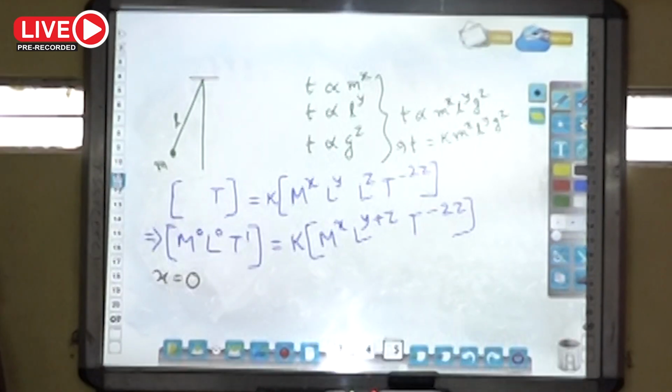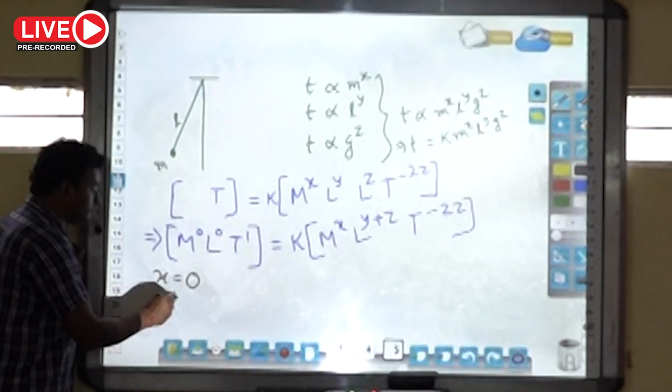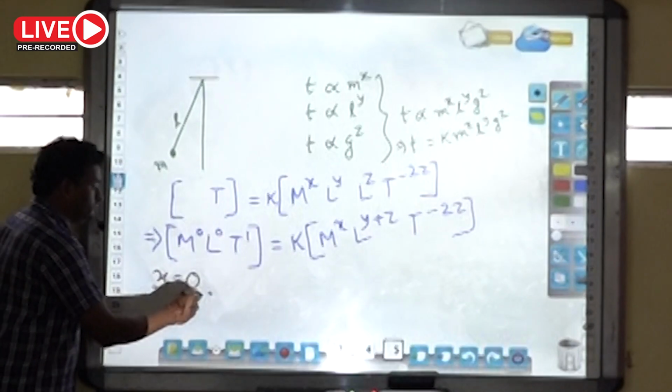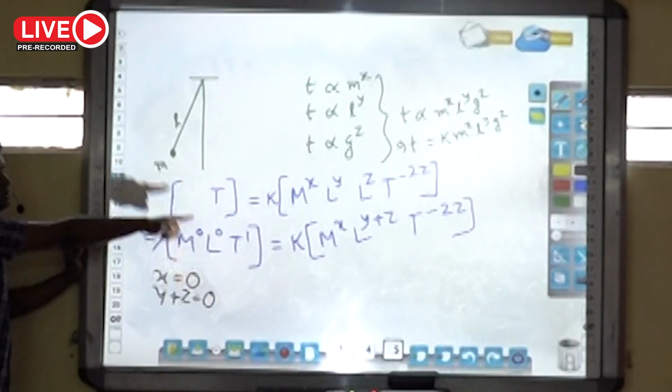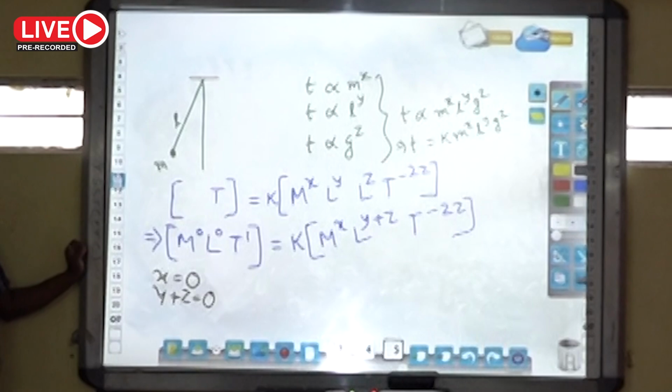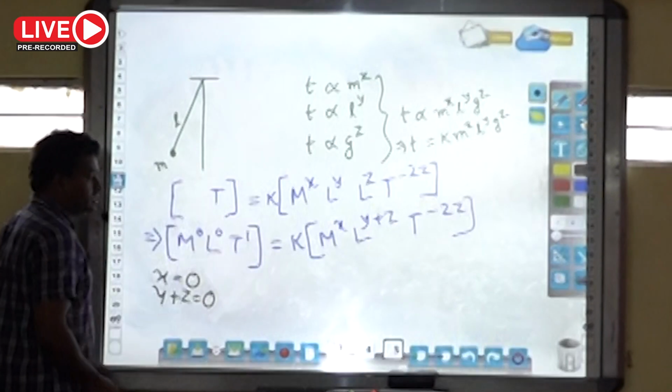Then powers of l should be equal, which will give you y plus z equal to 0. Because power of l here is 0, and on that side it is y plus z. So y plus z will be 0. Then come to the third.